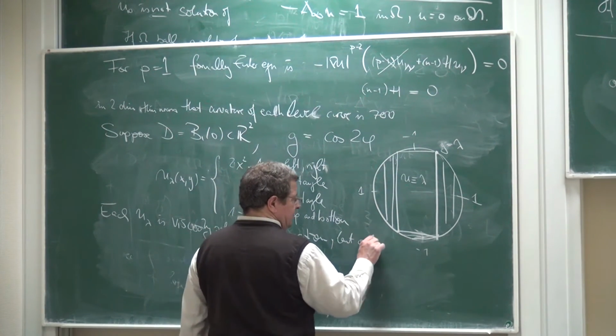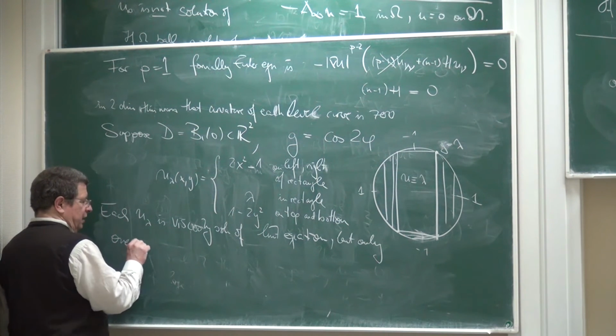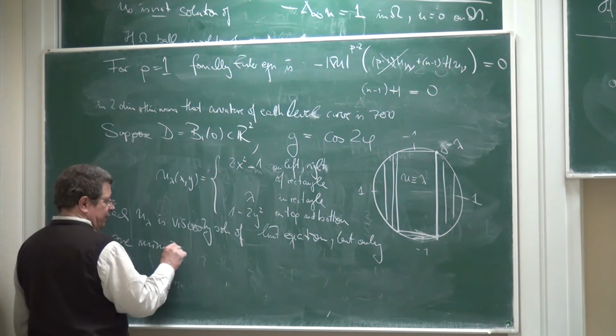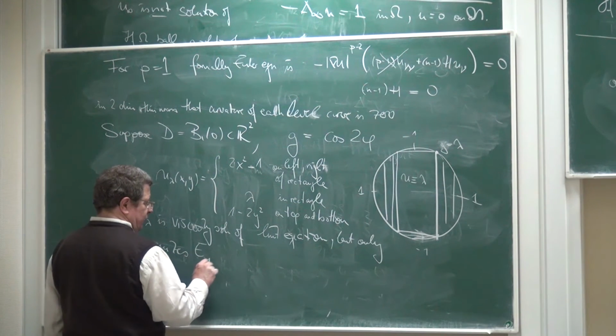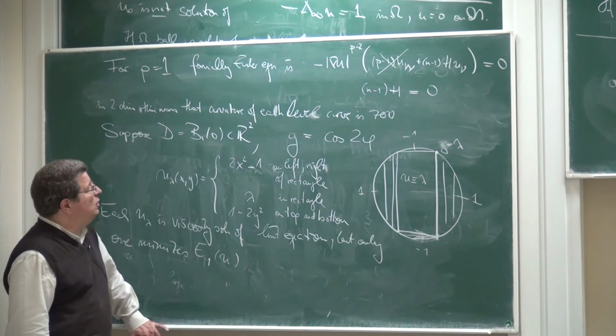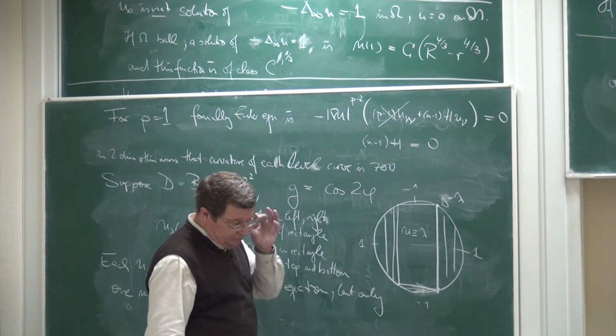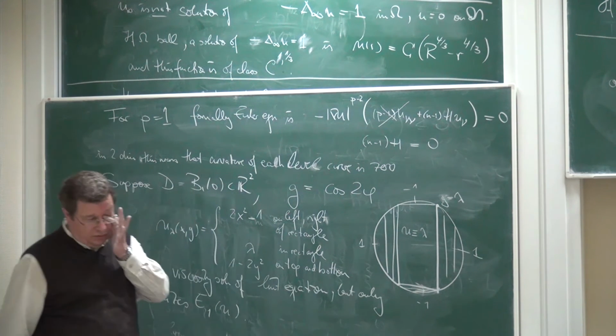but only one minimizes E sub 1 of u. Now E sub 1 of u contains the modulus of gradient u.